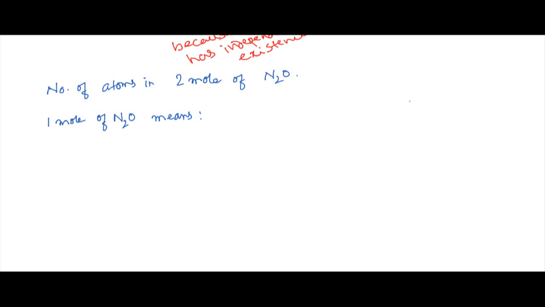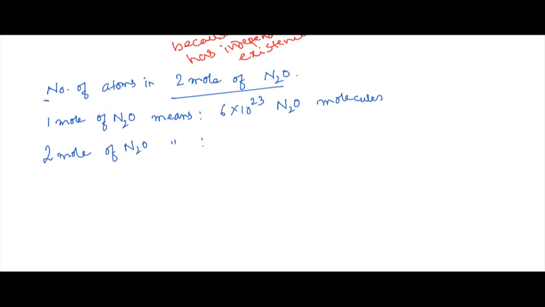That's it. But here it is said 2 mole, not 1 mole, right? So we'll come to 2 mole also. First, 1 mole means 6 into 10 to the power 23 N2O molecules. So let us do it first for 1 mole of N2O.